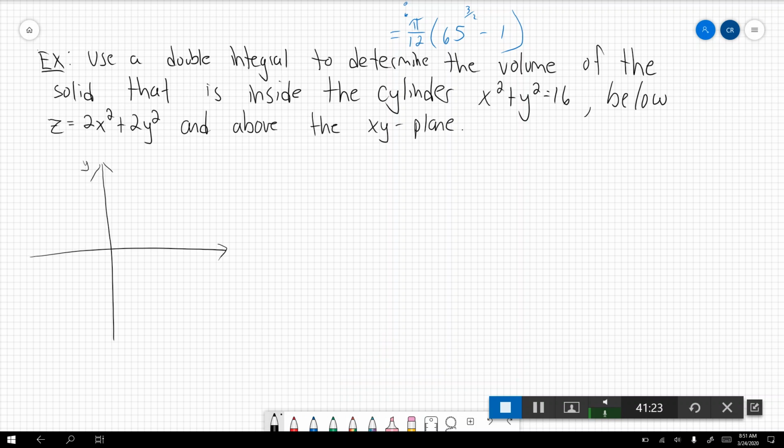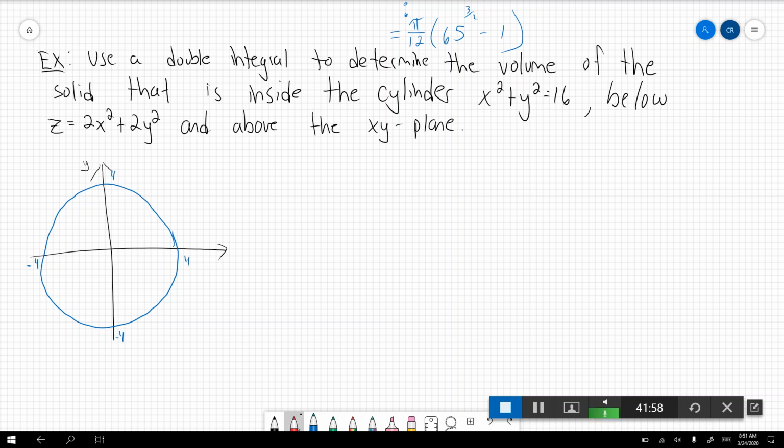Now, what I want to see here is where this is going to be intersecting. What's the largest amount of area that is being integrated over when we're looking at the x and y plane? Would you agree that the area we're looking at is going to be defined by the cylinder of radius 4, like such?